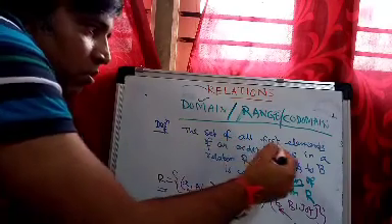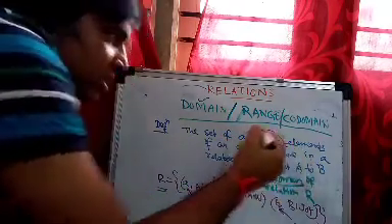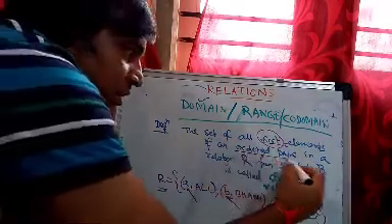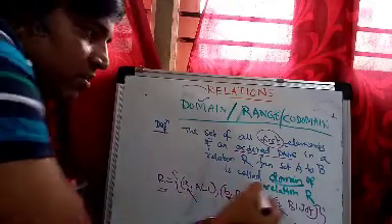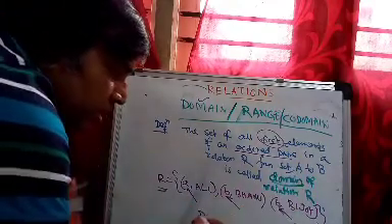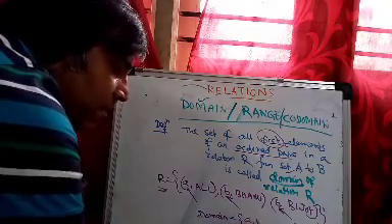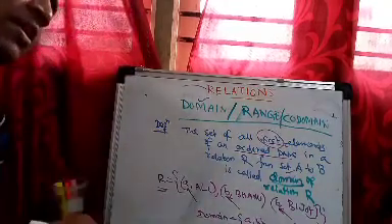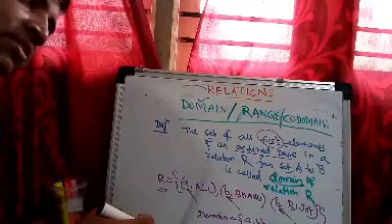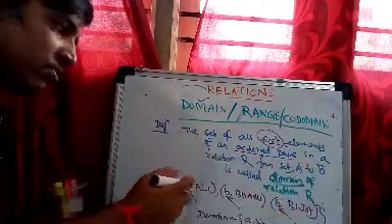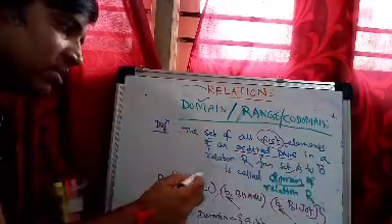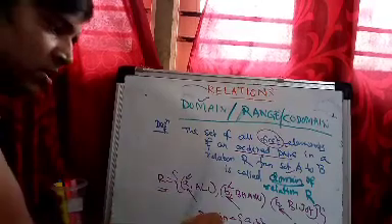So the set of all first elements of an ordered pair is called domain. If I ask what the domain is, it is A comma B, because A and B are the two elements from the first of the relation. So from the relation you take only the first elements from the ordered pairs, those are called domain.